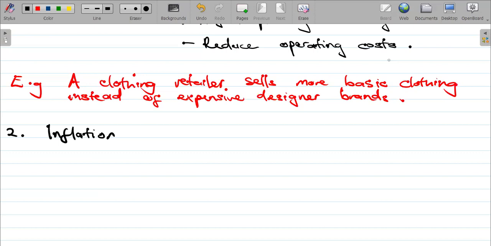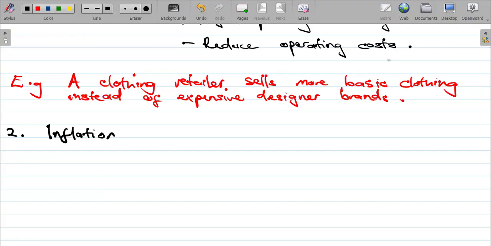It means the inflation is high when you have to spend a lot of rands to buy few products, right?